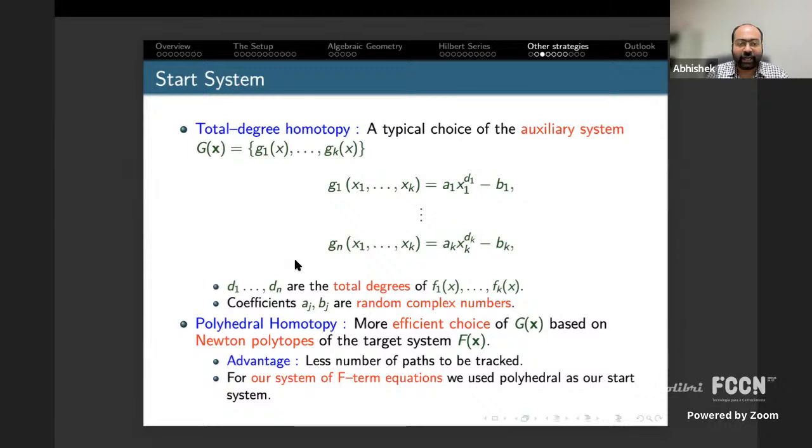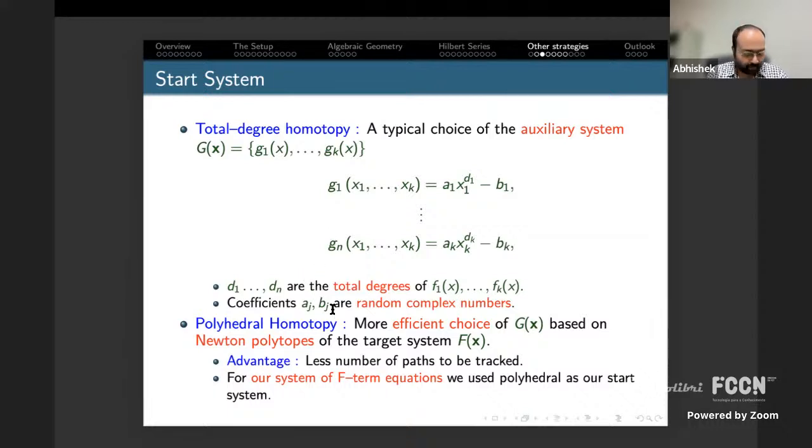Something like 2 to the power 30, with 30 being the number of variables. If it becomes numbers like this, it becomes very difficult to track the solutions. You have to track this many solutions from G to F.